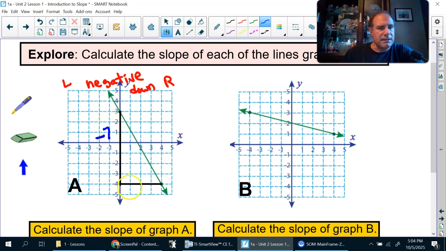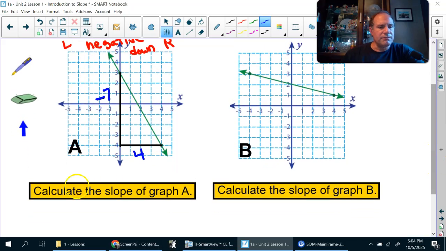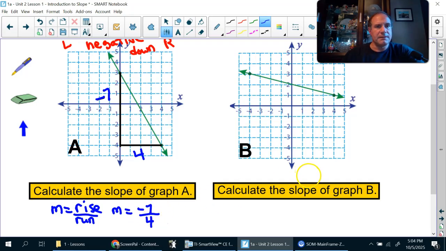Then we're going to the right, so that's 1, 2, 3, 4. That's positive, right? Going to the right. It says calculate the slope, so you know that you have to put m equals rise over run. m equals -7 over 4. That's the slope.